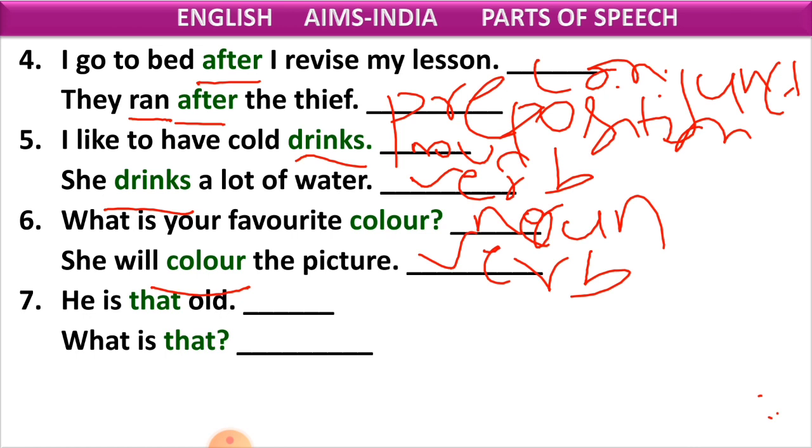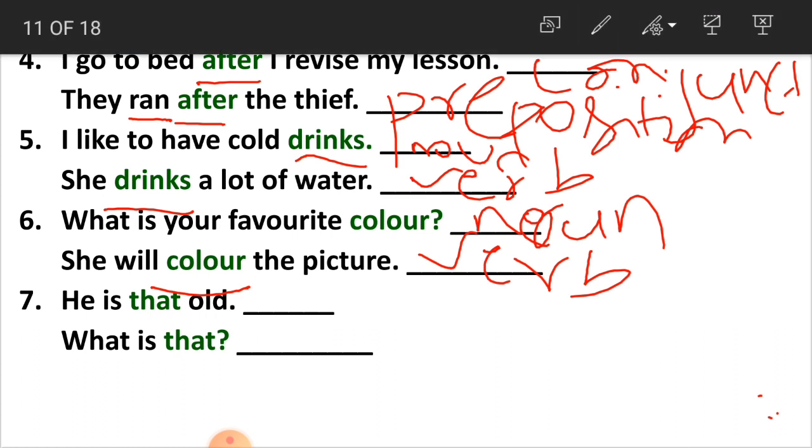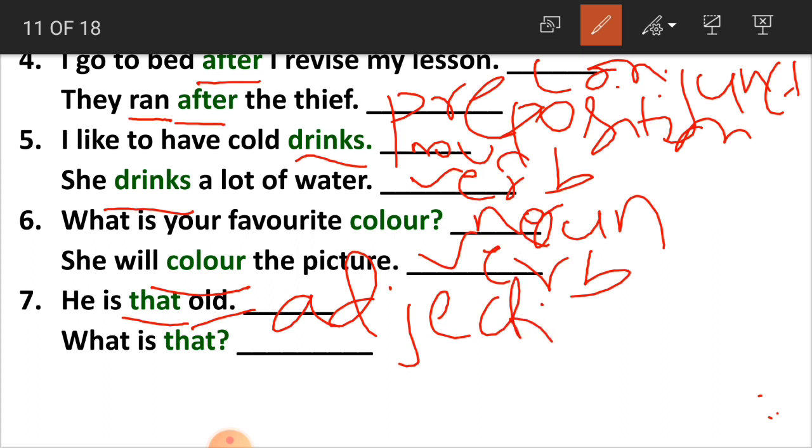So here this old is our noun and we are describing this noun, that how much old he is, that old, this becomes our adjective. Okay children, this becomes our adjective.